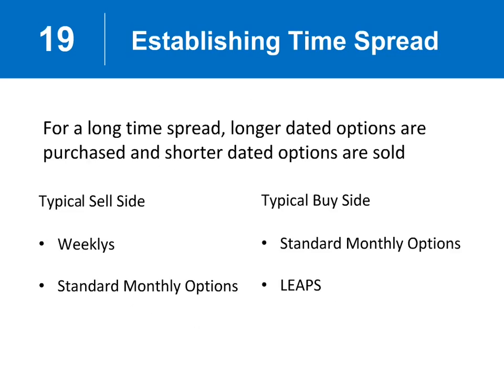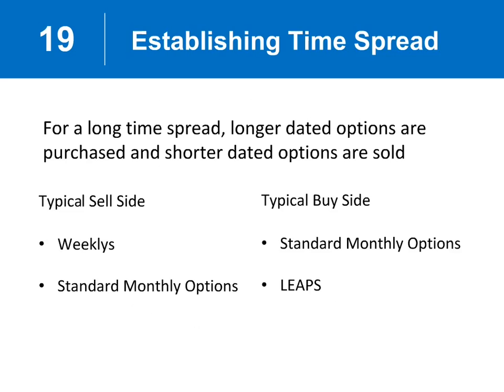Again, maximum profit, like we said earlier, is going to be with the underlying right below the strike at expiration. So it can be a challenge trying to figure out exactly where that stock will be at expiration. But on the sell side, it tends to be the weeklies or the standard monthly options that investors sell.